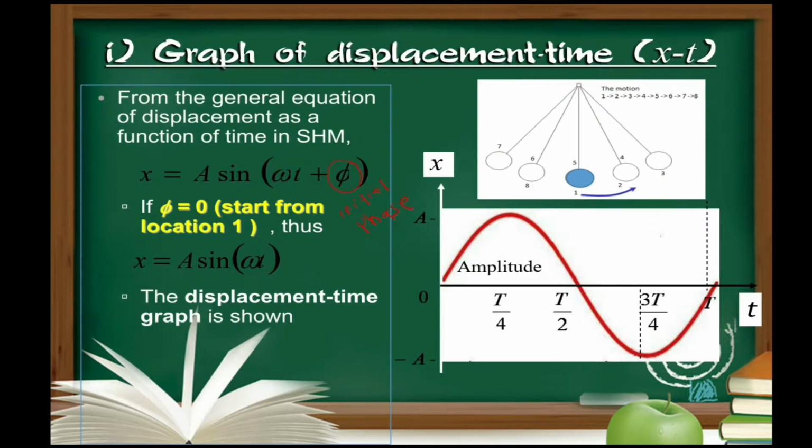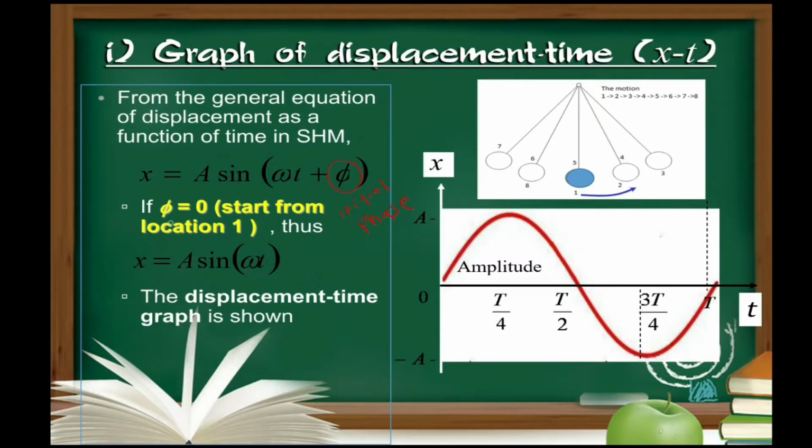Initial phase means the starting point of the vibration or the simple harmonic motion. In my case here of the pendulum, I start from the number 1. So this is where I say is my starting point.